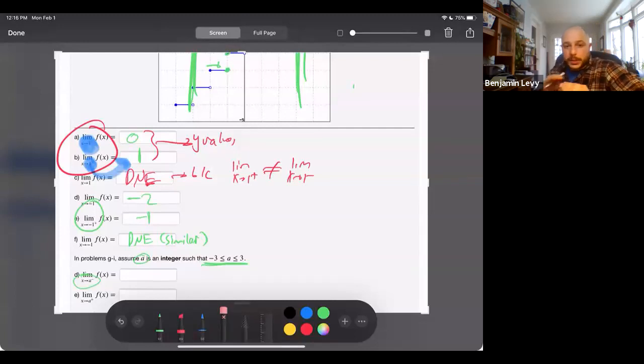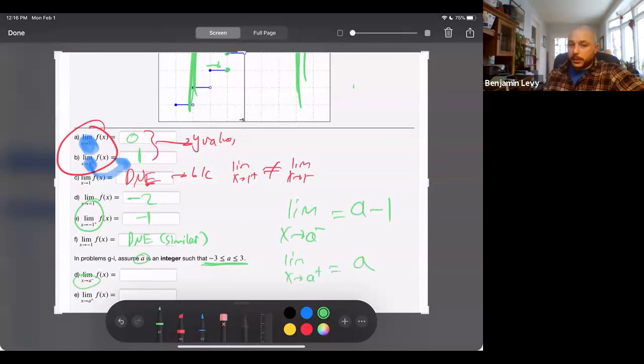Everyone's number is going to something different, so it's going to be a little bit different. But you should notice how when you approach, let me write it in the middle here. The general thing you should see is when you approach a number from the left, you get one less than that number. And when you approach a number from the right, you get that number.